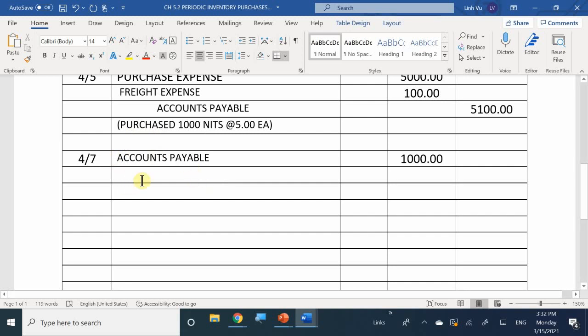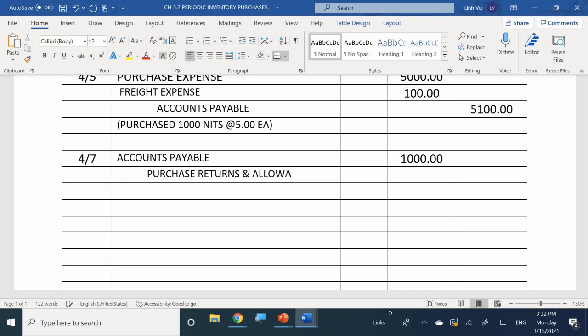So we're going to reduce what we owe. And what is going to be the account here? Purchase expense. Purchase is correct, but not expense. Refund. Return. Good. Returns and allowances. Okay.